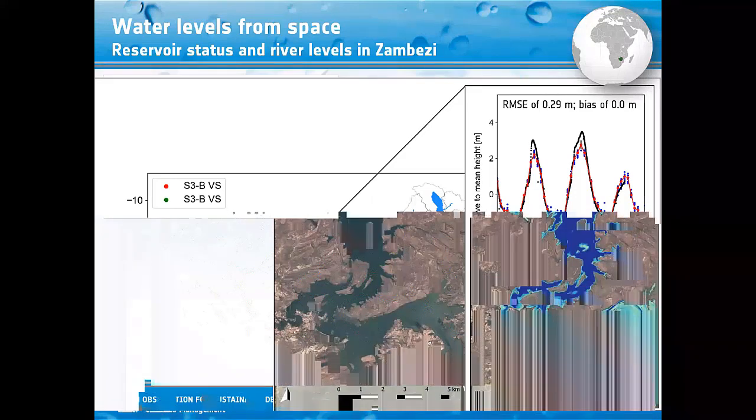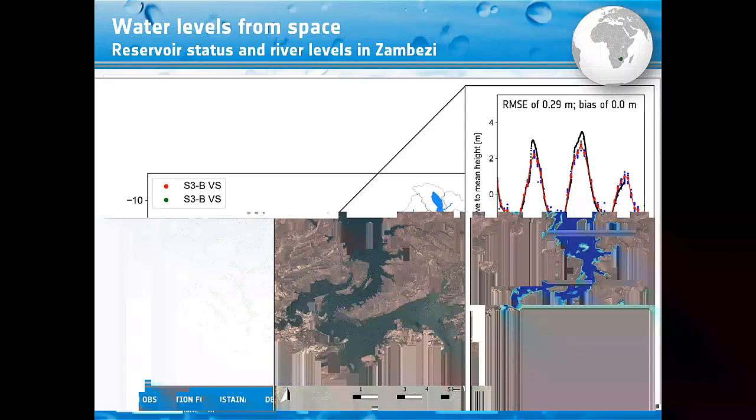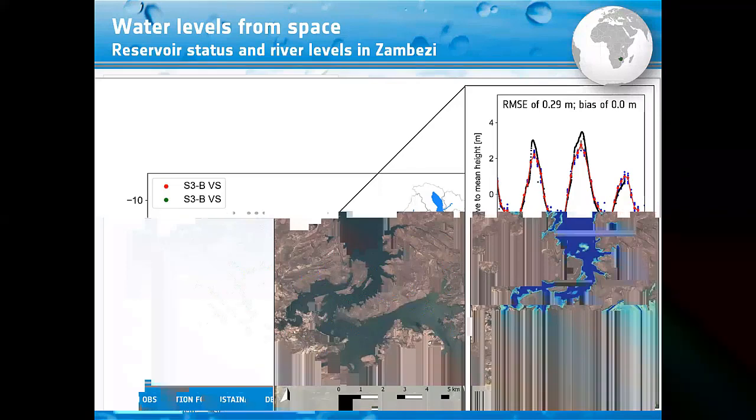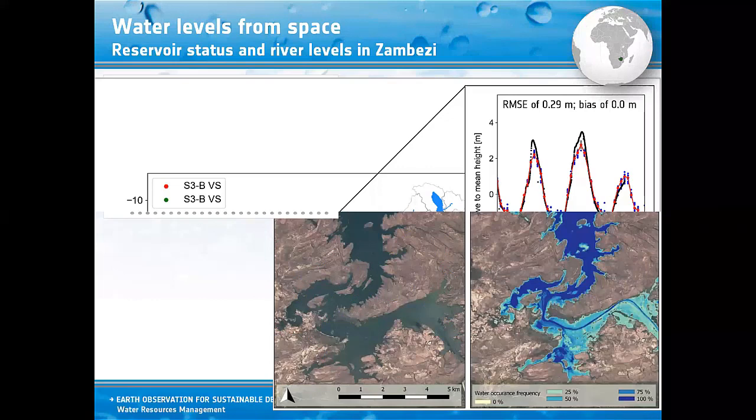At a time where we have seen a gradual decline in the in situ network, satellite altimetry bears some important perspectives for complementing traditional in situ observations with space-based measurements of water levels.